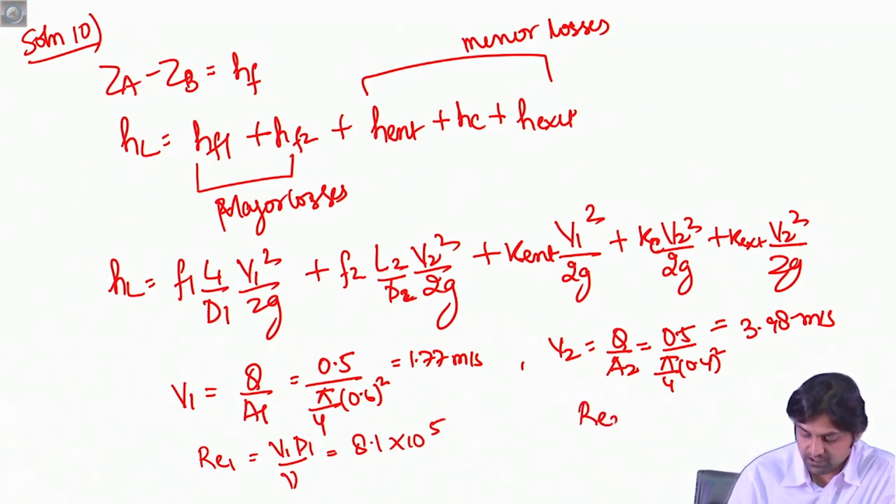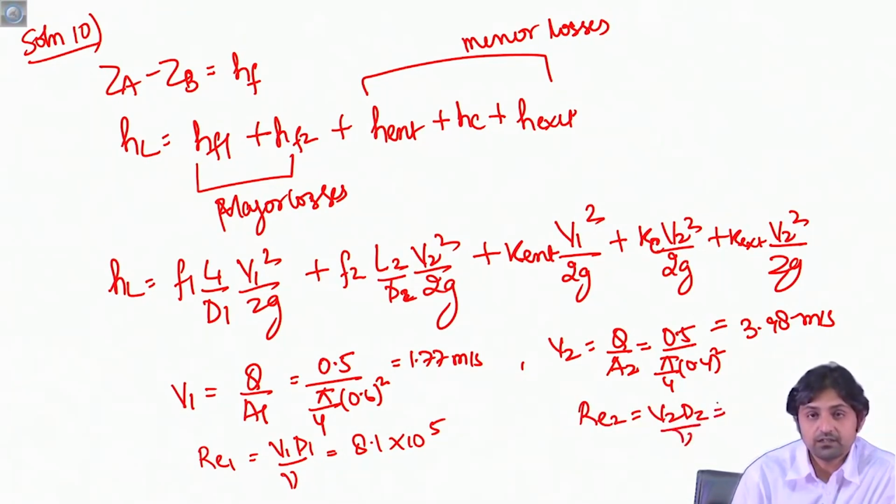Similarly, here RE2 will come out to be V2 D2 by nu. You would be wondering why we need to calculate Reynolds number and those parameters. The reason is we want to calculate the major head loss, and major head loss will depend upon F. F is the friction factor which will depend upon Reynolds number and epsilon by D. So this comes out to be 1.22 into 10 to the power 6.